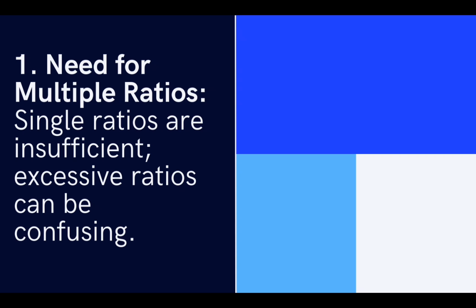That is one of the major difficulties, because if you want to know liquidity, profitability, or the leverage of the business, for each thing you would have a different ratio, and in each of these sections there will also be thousands of other ratios available. So which is the best one? We don't know how to find it. It depends on our own knowledge, so it becomes confusing for us.